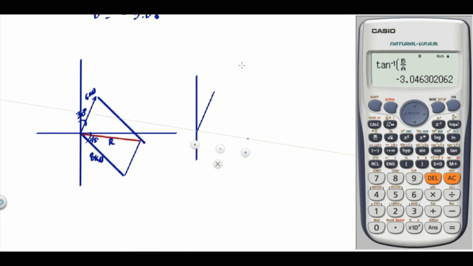Okay? Then yung 8 kilonewton. And yung resultant. Yan. Okay? Isa pa. Gawin tayo ng line dito. And another line.